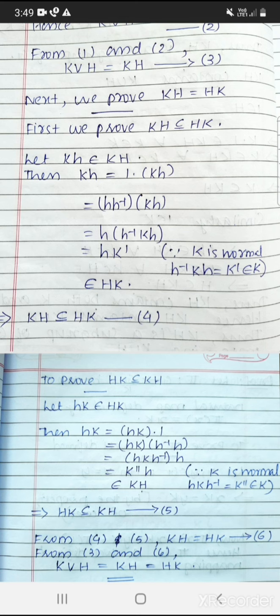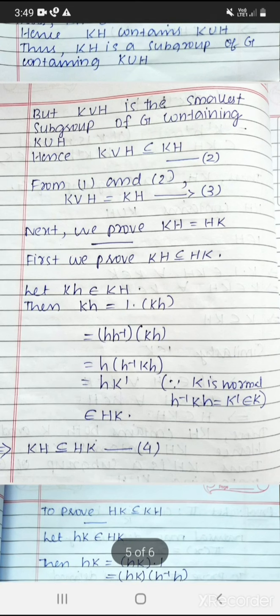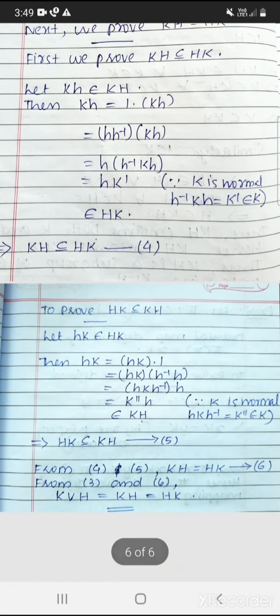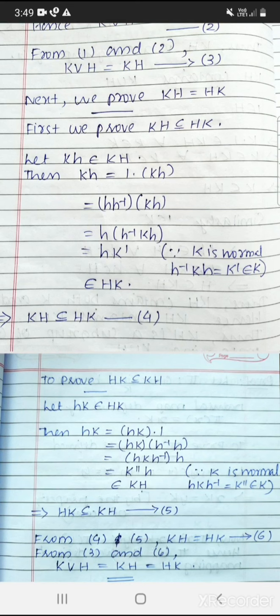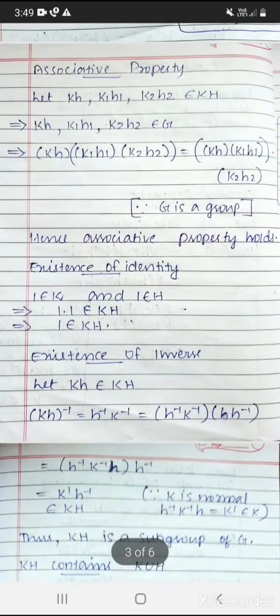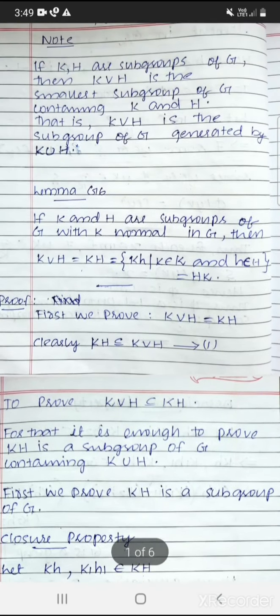And from 3, K join H is equal to KH. And now we got KH is equal to HK. So we can join this together and write K join H is equal to KH, which is equal to HK.